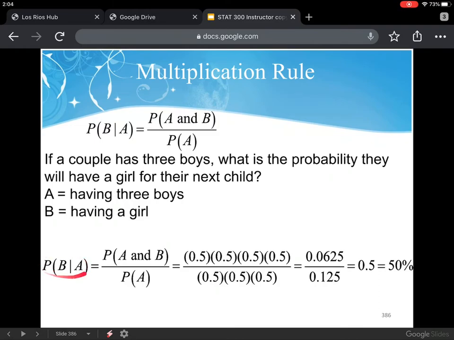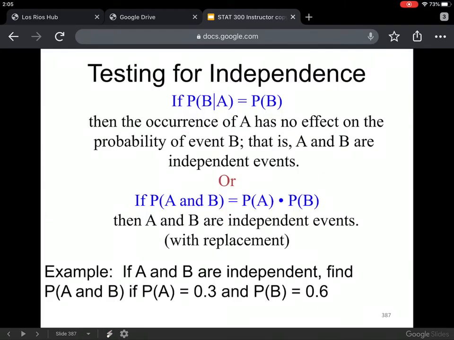And so this probability of B given A was overcomplicated because we didn't realize that the two were independent. If we realized that, we could have said, I don't even care about having 3 boys first. Probability of having a girl after having 3 boys is 50-50, irrespective of whether you have 3 boys first or not. Okay, hopefully that's helpful.